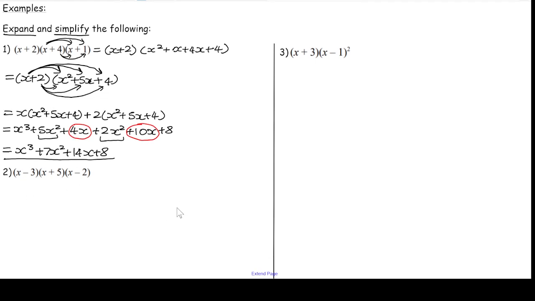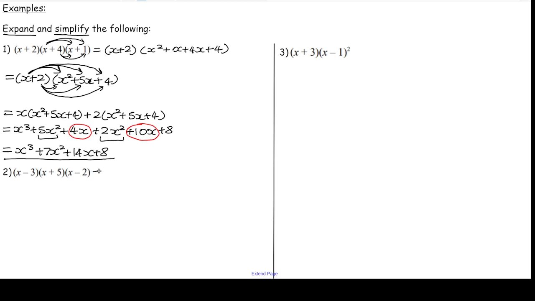Let's have a look at example number 2. We've got x minus 3 times x plus 5 times x minus 2. We can expand brackets in any order, but I'm going to stick to expanding the last two first. So we've got x plus 5 times x minus 2 as the final bracket.